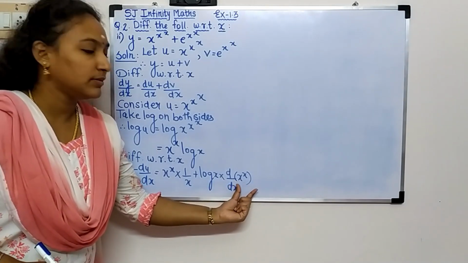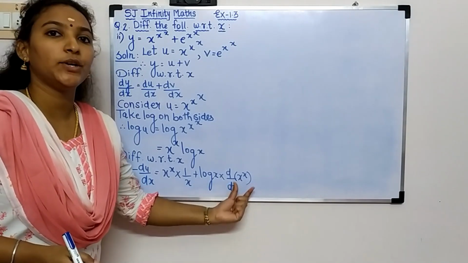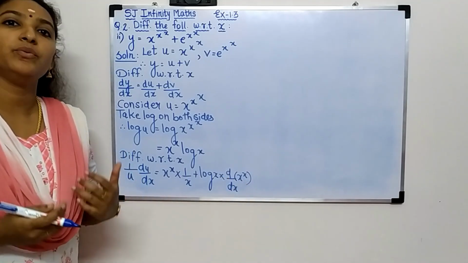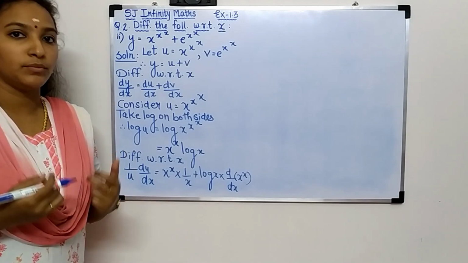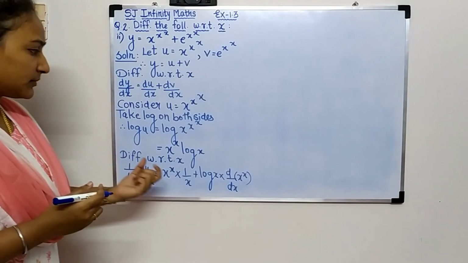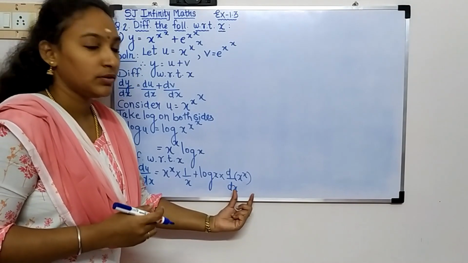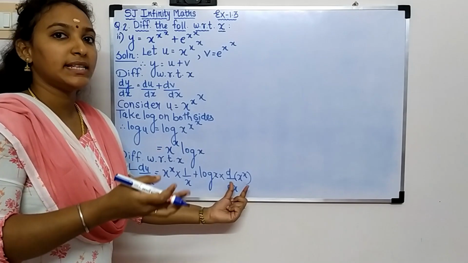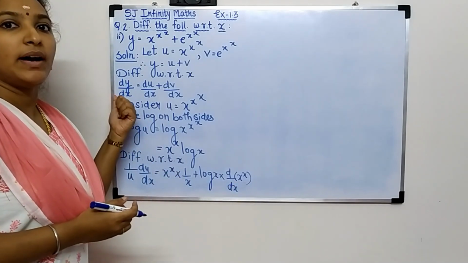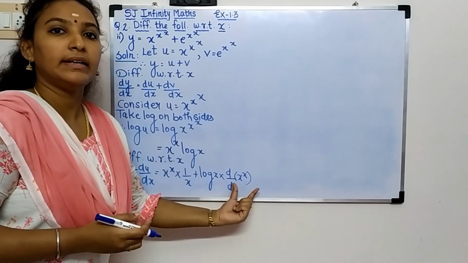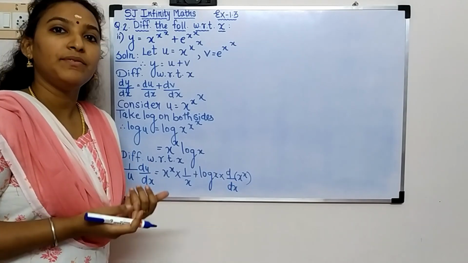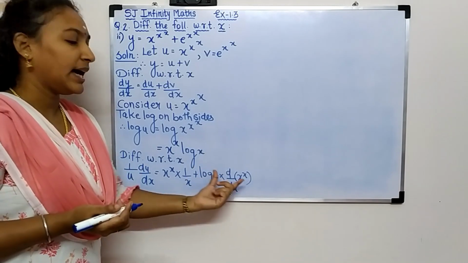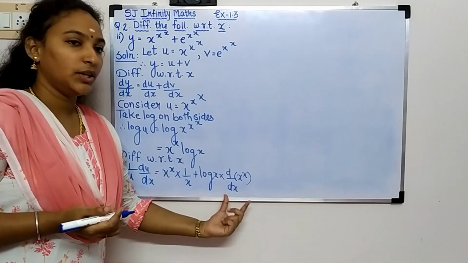See, again we have another function whose derivative has to be found, that is x power x, which can be done only by taking log on both sides. But for convenience, I am using the derivative of x power x directly, because just now I explained how to find it, and we got the result as x power x into 1 plus log x. I will substitute it over here.